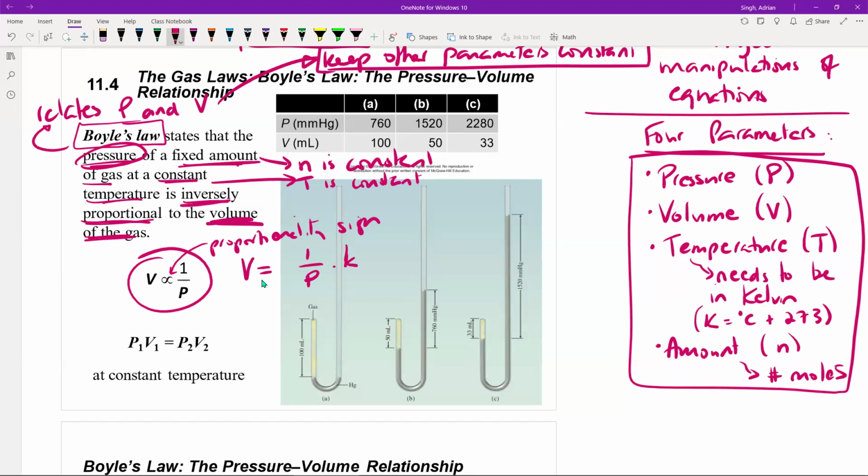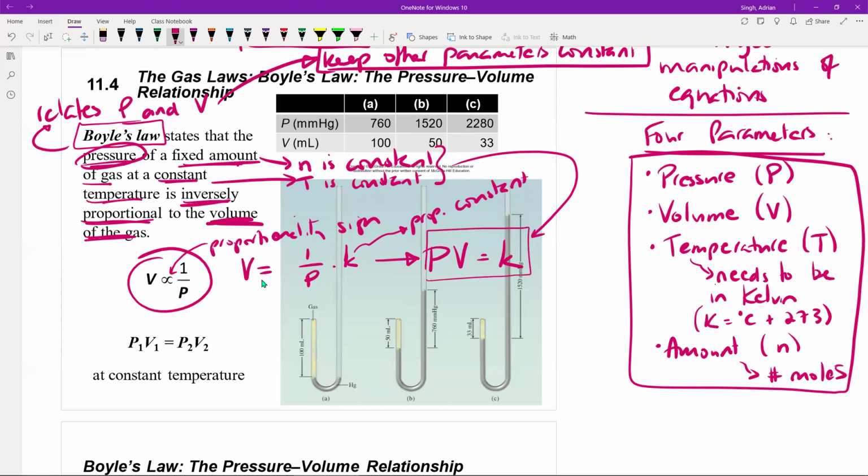We'll just call that lowercase k for right now. If we rearrange our equation, we end up with P times V is equal to k, where k is the proportionality constant. Really, that constant ends up being just a product of the other two things that are constant, the N and the T. So if I multiply the pressure and the volume, I always get a number k that doesn't change. That's what constant means.